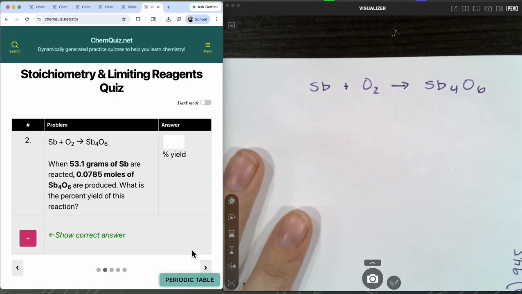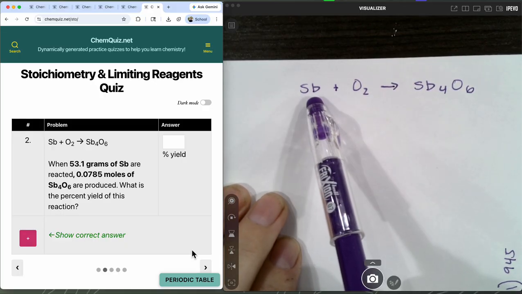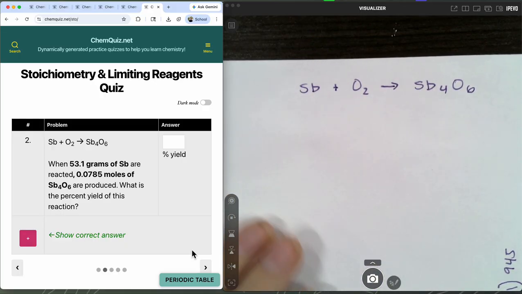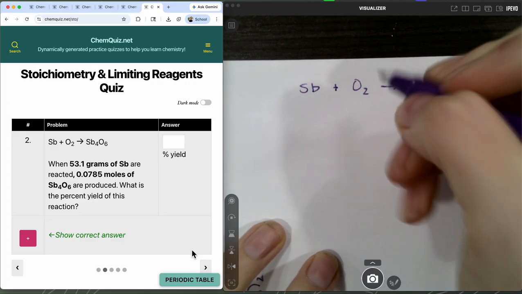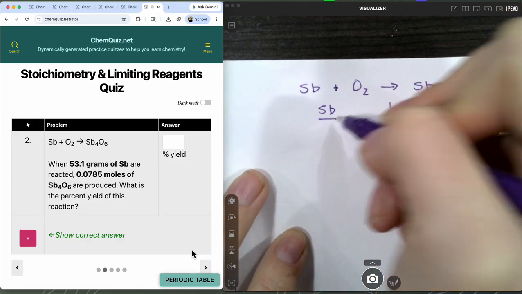The good news is it's great practice. All right, I'm looking for SB up there. Oh, I remember why I didn't remember what this was, because the name of SB is antimony. Probably Latin, if I had to guess. Okay, so SB and O.